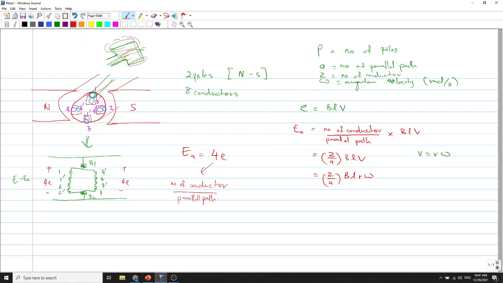The most meaningful formula, or the easiest relationship, is to use phi, the flux. The flux formula is equal to AB. I think it is better we write AB. So the A here is the area of the pole.